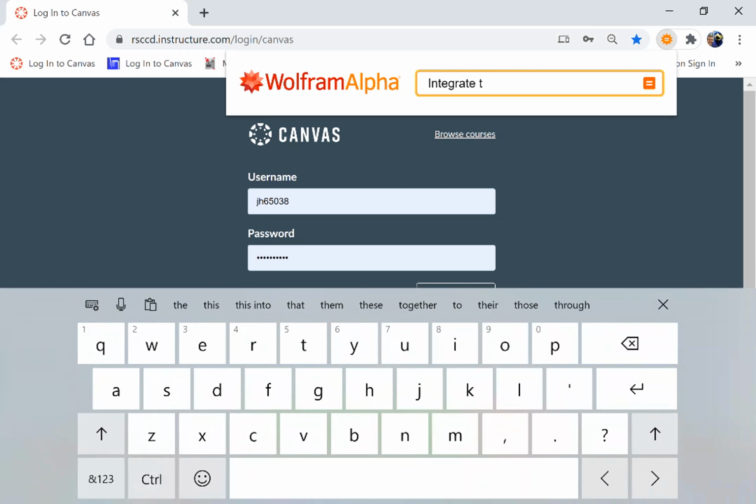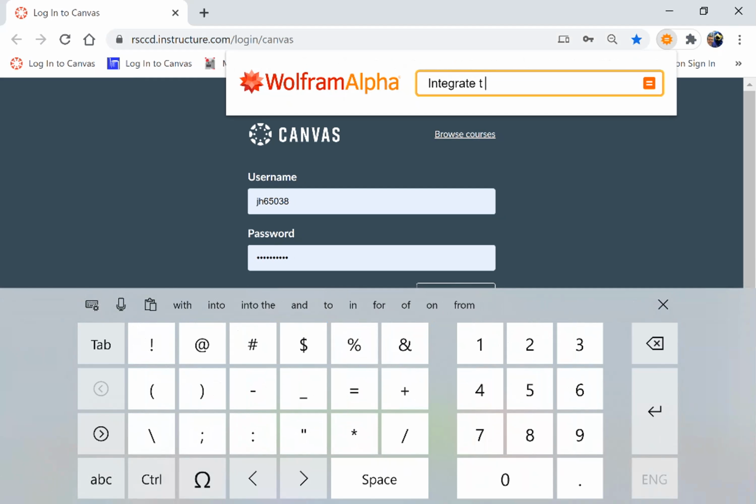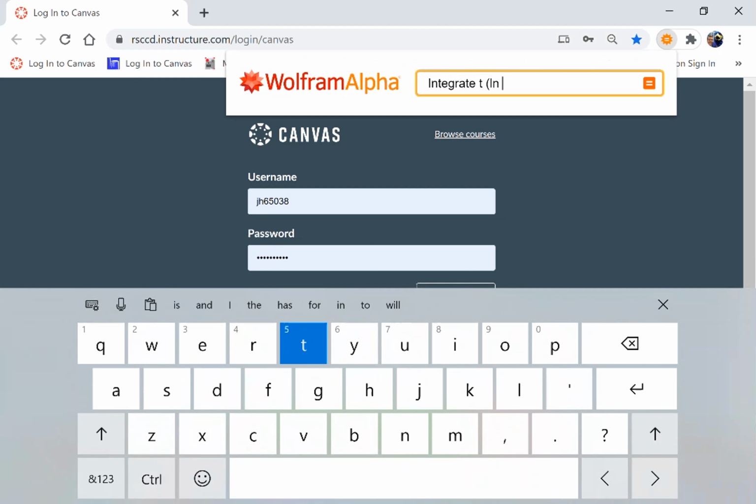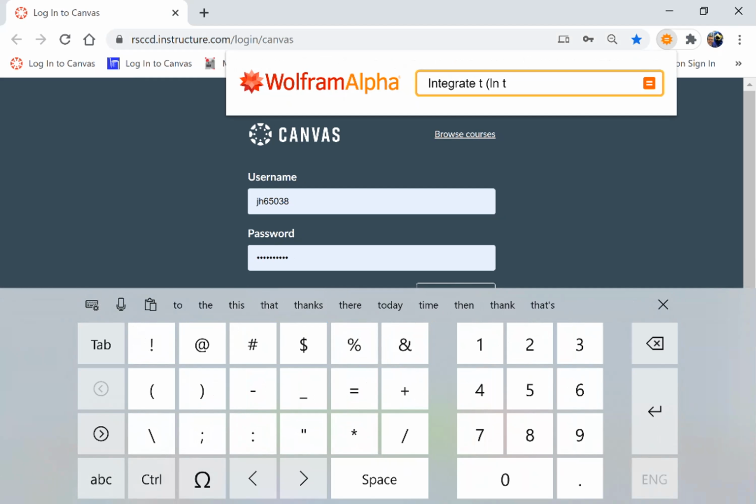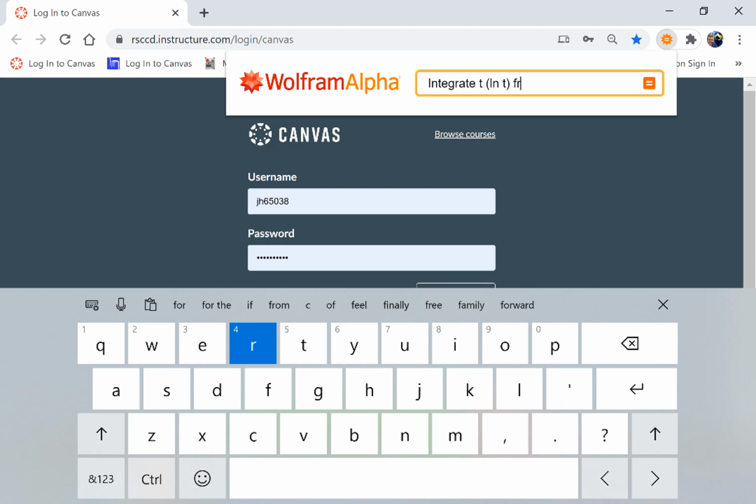t times natural log of t from, what was it from?